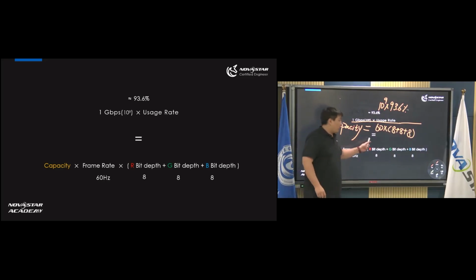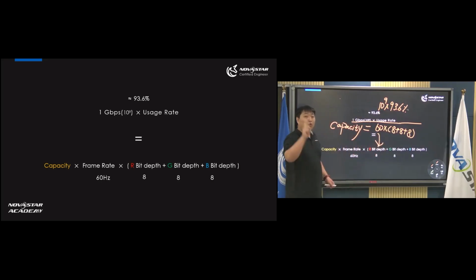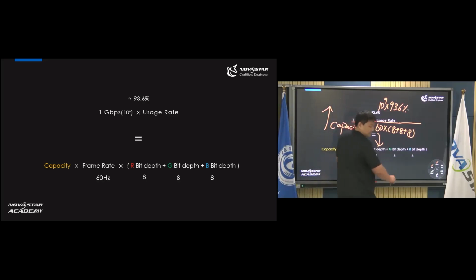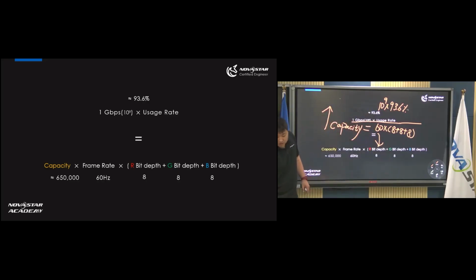From this formula, we can find out that if we reduce the frame rate, the loading capacity for one port can be increased. Also, for the input color depth, it's not only 8 bits.